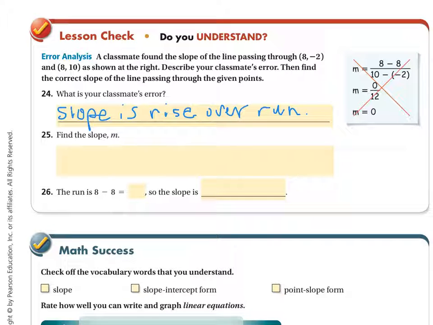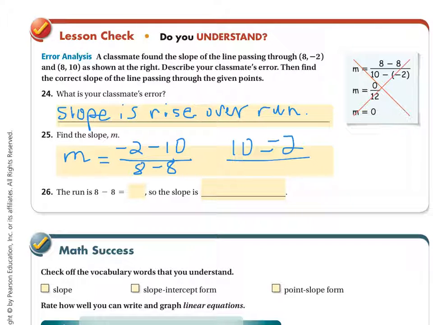Okay, so to find the slope correctly, we're going to subtract the y-coordinates in the numerator. So we'll start with -2. Doesn't matter which one you start with, as long as you're consistent with your coordinates. So -2 minus 10, and then 8 minus 8. So if you did it the other way around, 10 minus -2 over 8 minus 8, you would get the same thing.